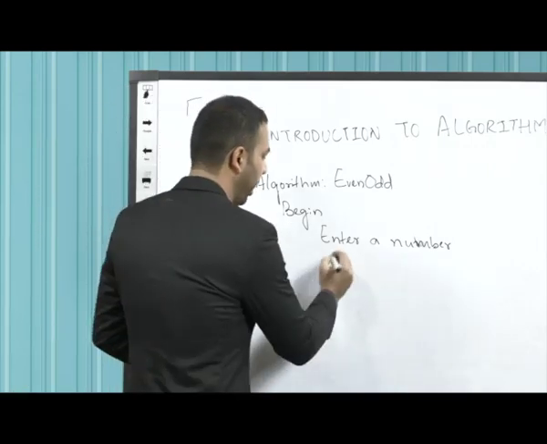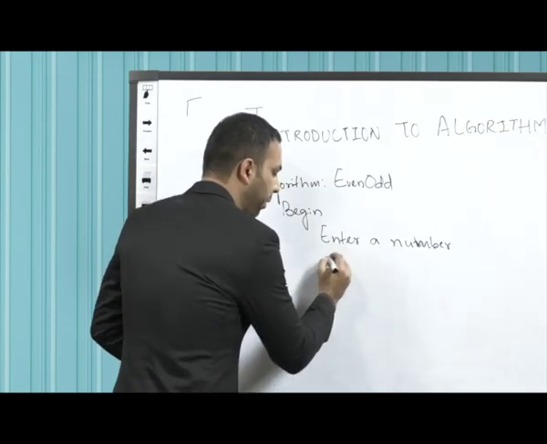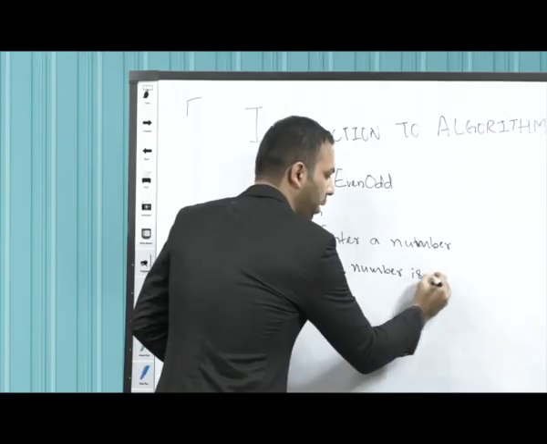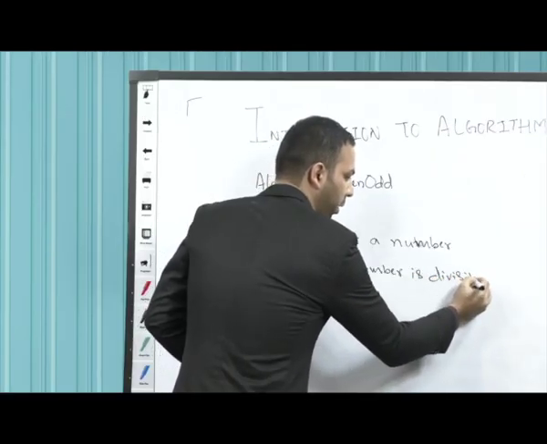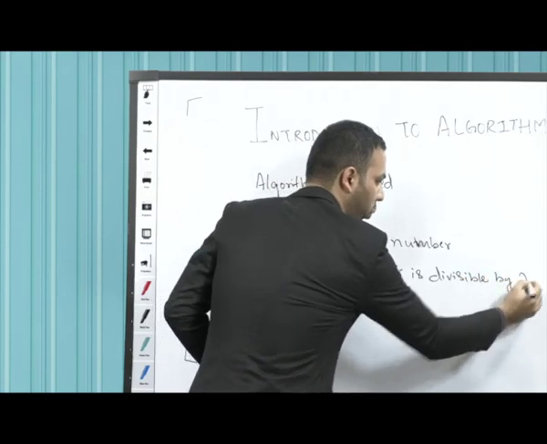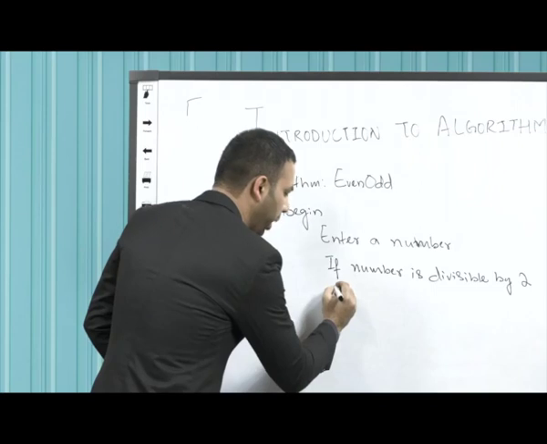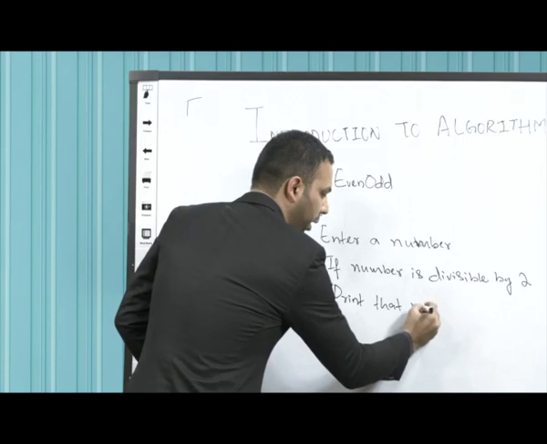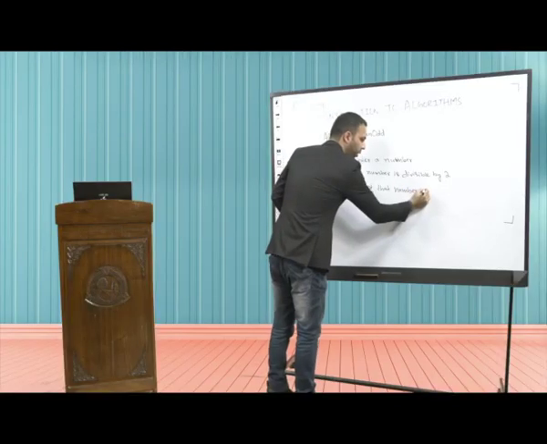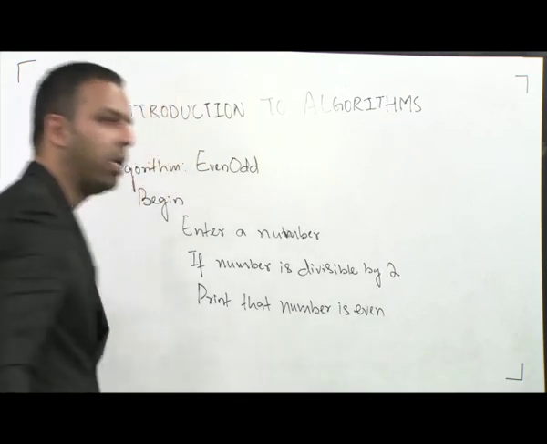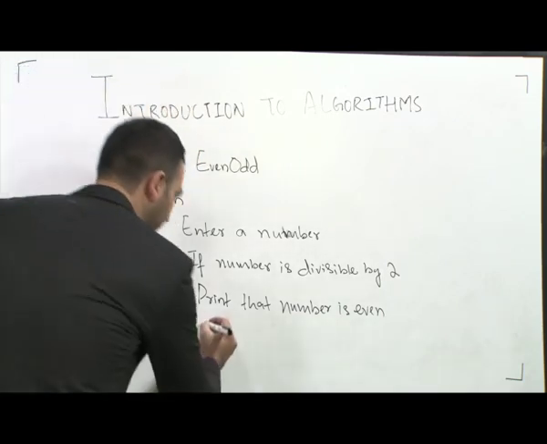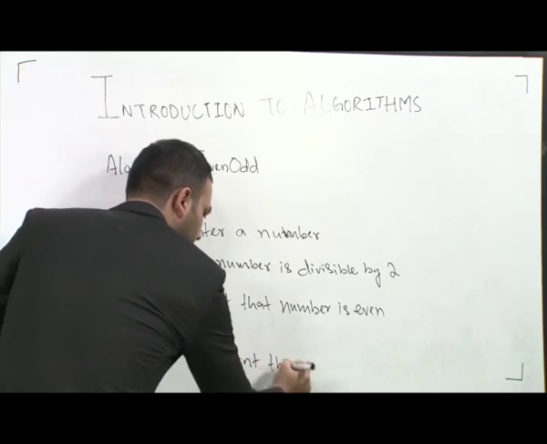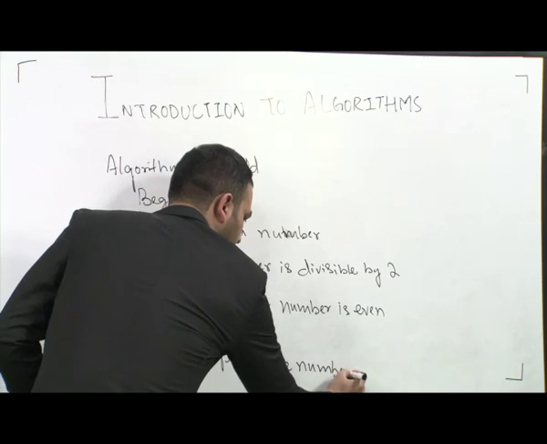So I'll check if the number is divisible by 2, then we'll print the number is even. Else, print the number is odd.